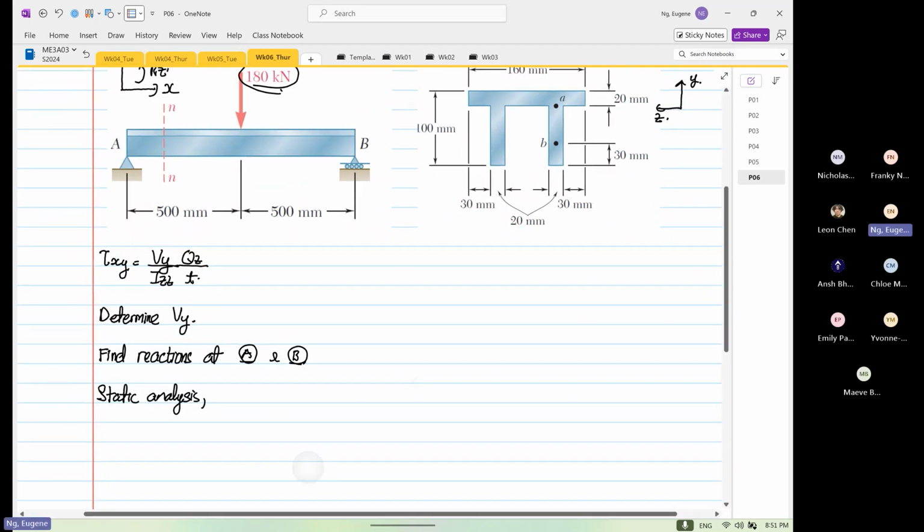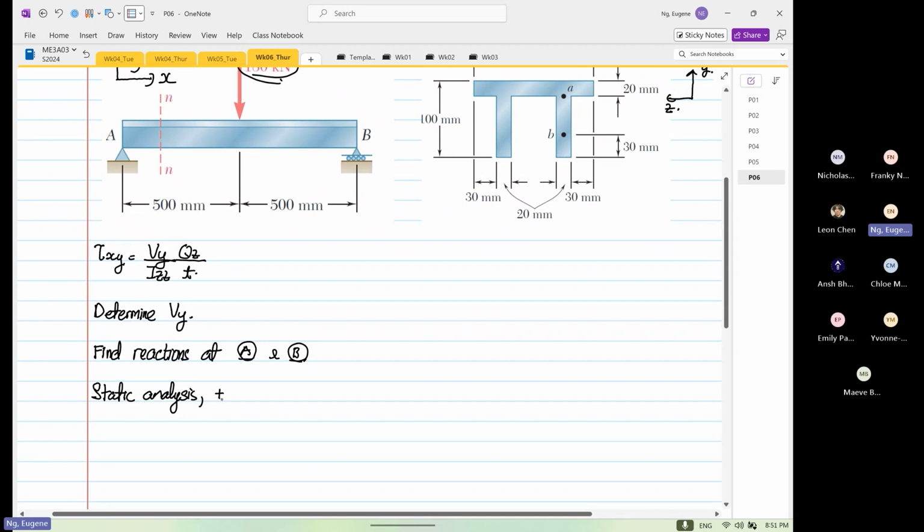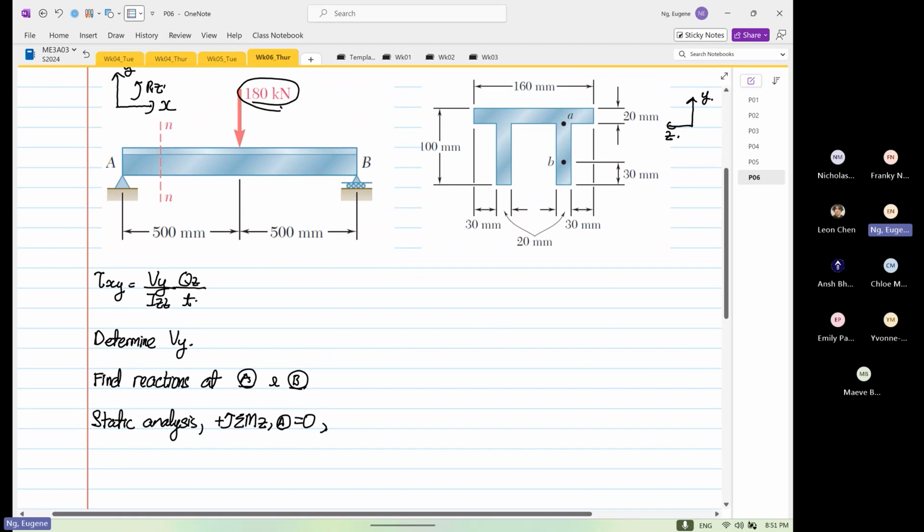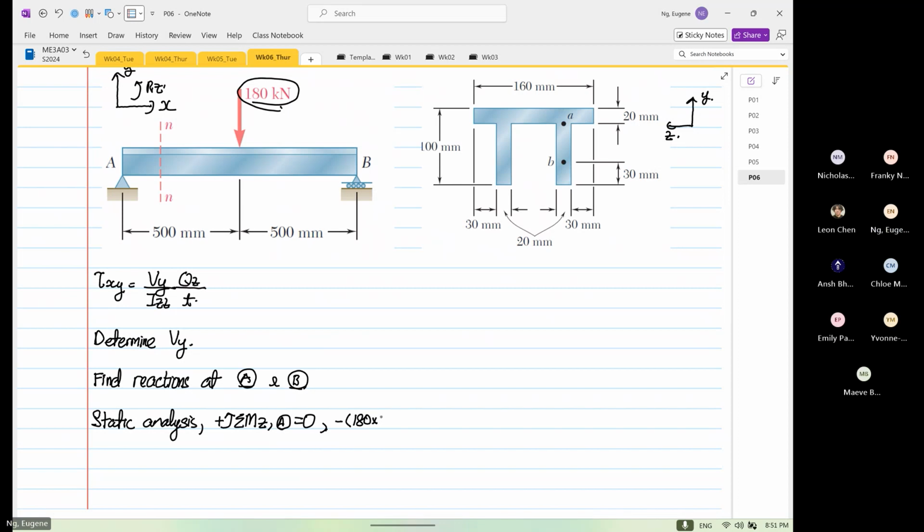When we do static analysis, we're going to do the summation of moments about the z-axis at point A equal to 0. So going in a clockwise direction, it's minus 180 times 10 to the power 3 multiplied by a distance of 0.5, and then plus By times 1. Because you have a reaction at Ay, and then you have a reaction at By. So this is equal to 0.